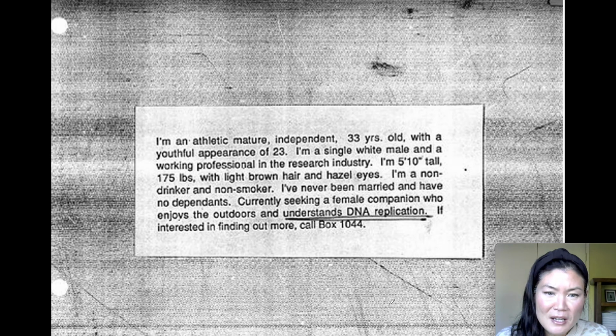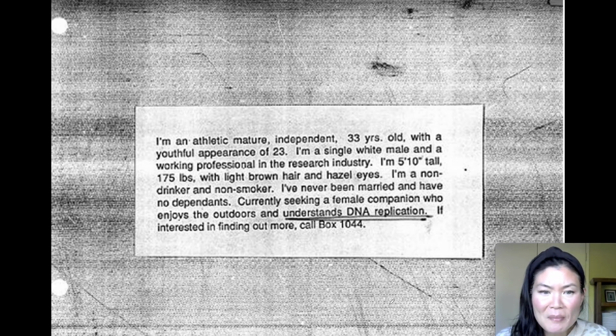So here is a clip from the newspaper of some gentleman who was looking for a specific type of female, okay? It says here, I'm an athletic, mature, independent, 33 year old male with a youthful appearance of 23. I'm already suspicious. It's already sus, right?